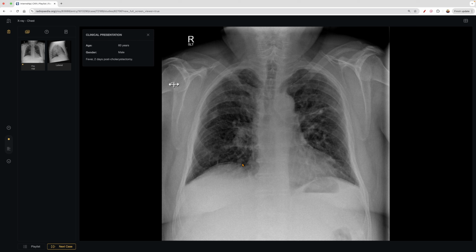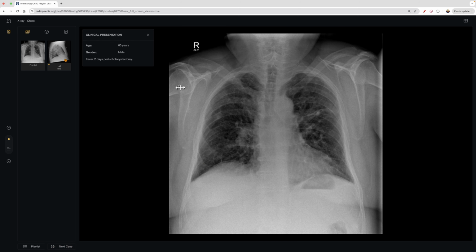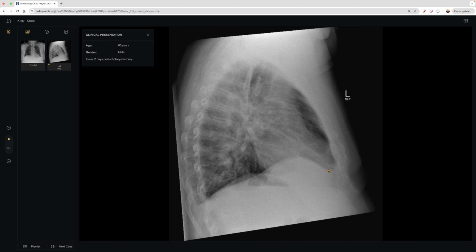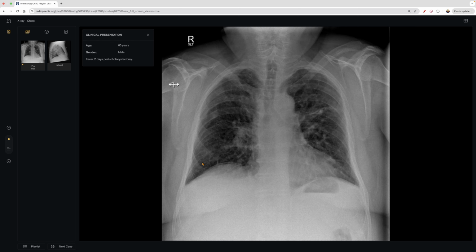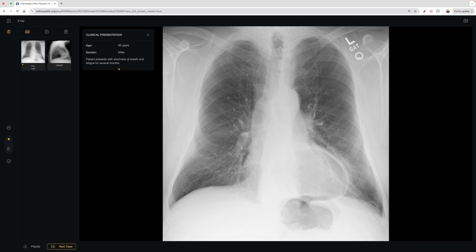It can look like interstitial markings. It could look like the pulmonary vasculature. And then, the lateral, perhaps you could see some air. But otherwise, it's not really too crazy, perhaps. And so that patient did end up having some pneumoperitoneum.